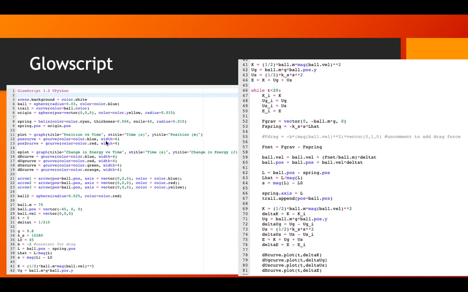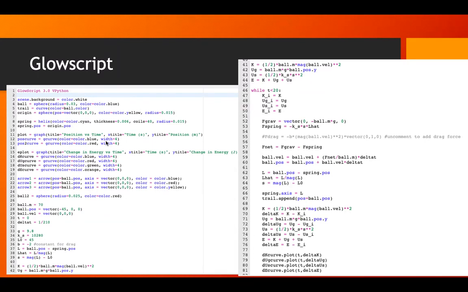And then the second picture is defining all of the equations and defining initial conditions, F grav, F spring, F net, and then updating the ball's velocity, or the person's velocity, and the person's position, and getting all the information we need for Hooke's law and the energy principles.